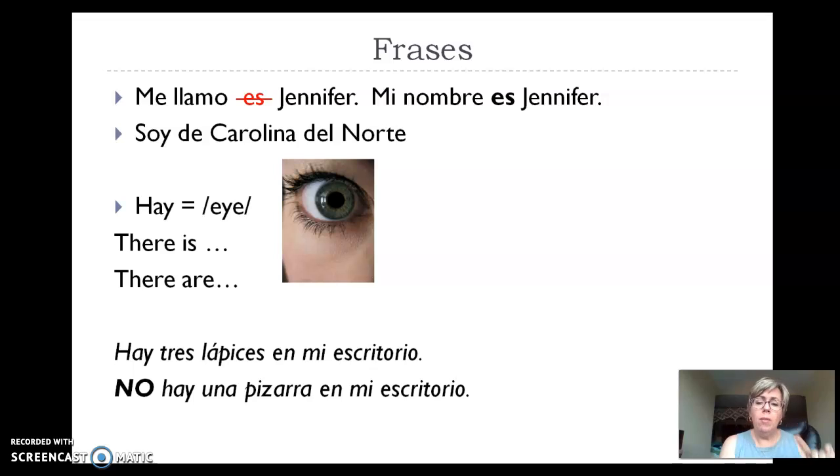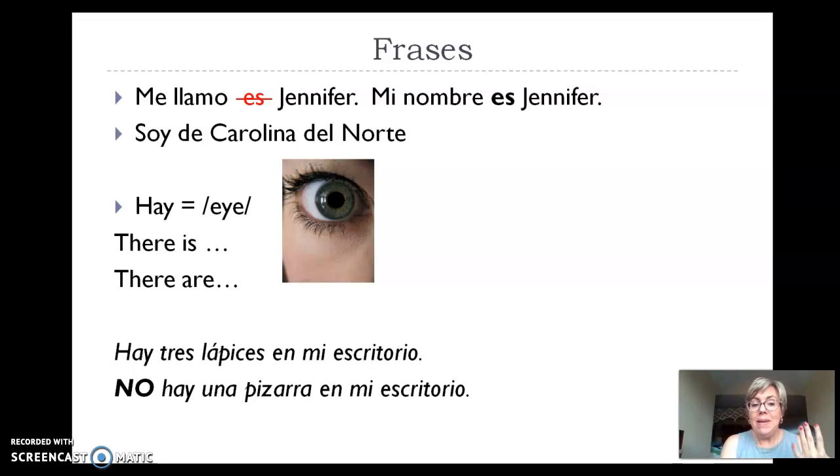No always comes before the verb, which sounds different. It's very strange compared to English, but you put the no first. So you're going to say, no hay una pizarra en mi escritorio. And that basically translates to there is not a blackboard on my desk, right?